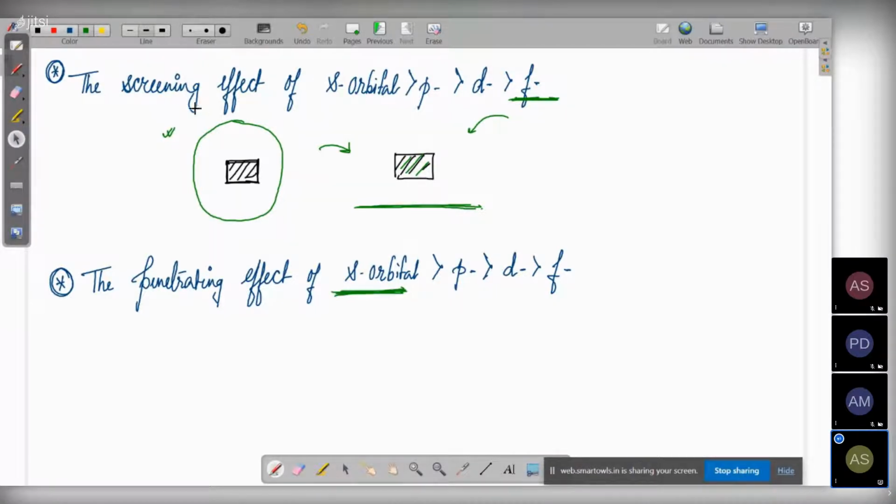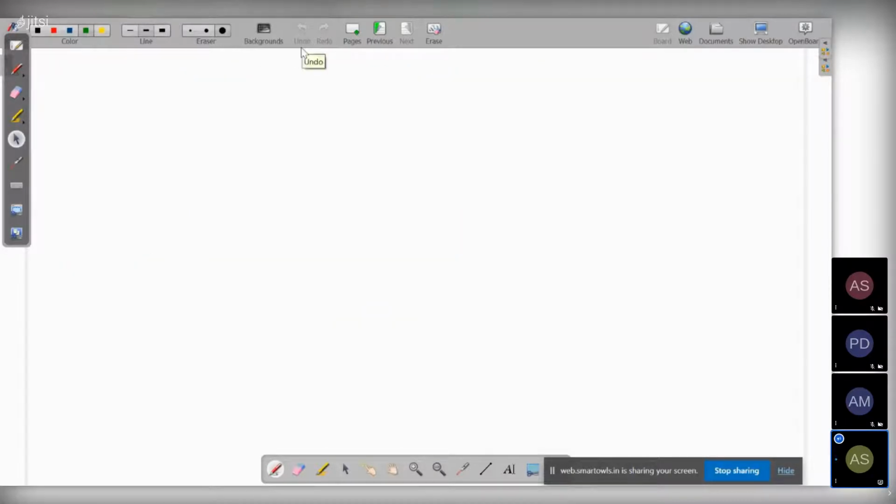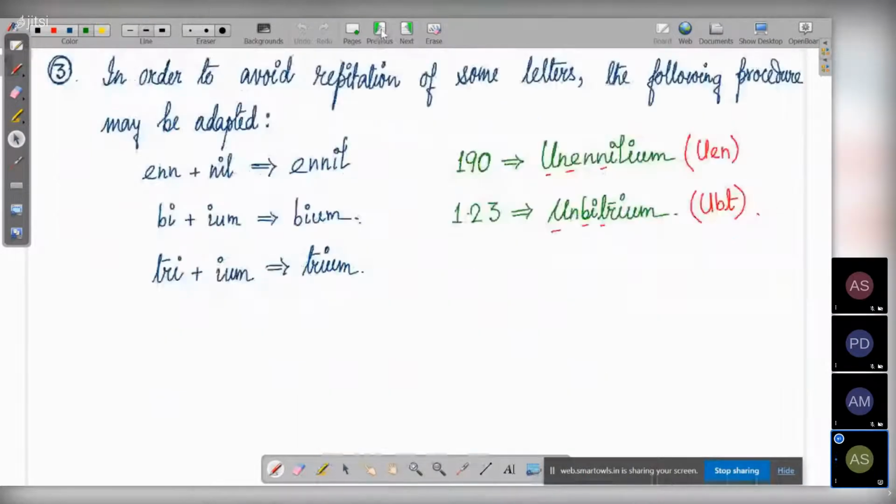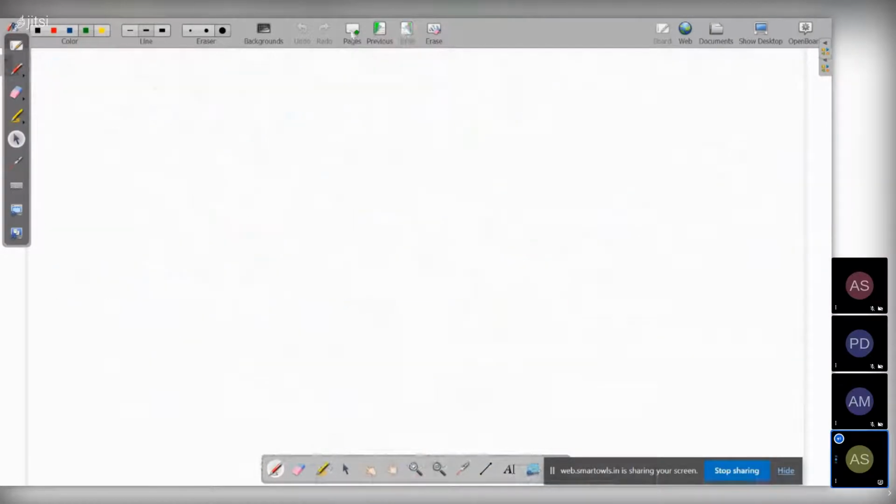So then let's move on to the next topic, that is the periodic property. We had done the introduction in the previous class. So now we are going to see basically your periodic properties. Now what do we mean by periodic properties? Anyone tell me, what is the meaning of periodic property? You have done it in class 10, I guess.